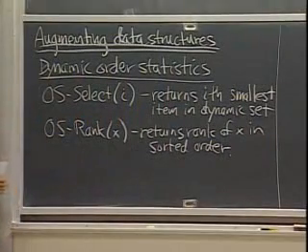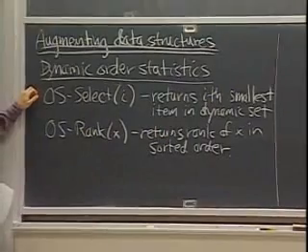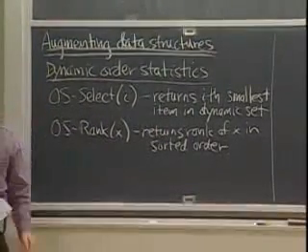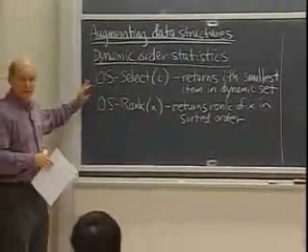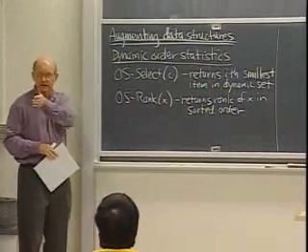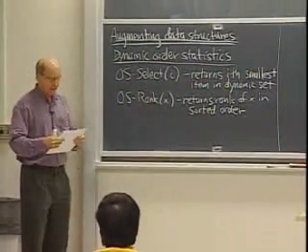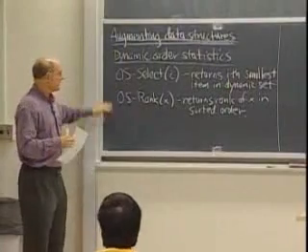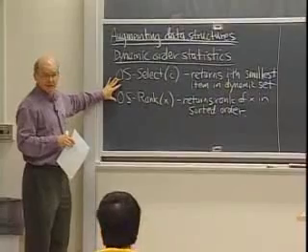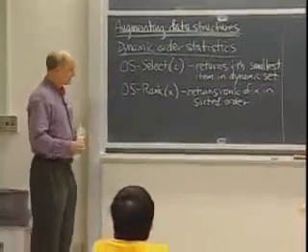So either I want to say, for example, if I had n elements in the set and I gave n over 2, I'm asking for the median. I could be asking for the min, or for a quartile. Here I take an element and ask where that element falls among all of the other elements in the set. And in addition, these are dynamic sets, so I want to be able to do insert and delete, to add and remove elements.